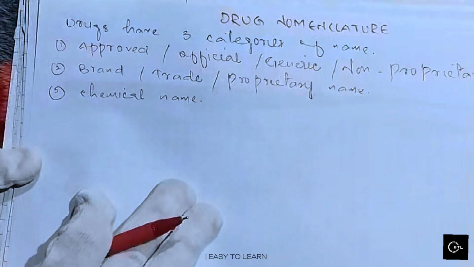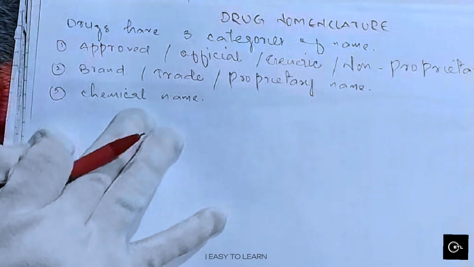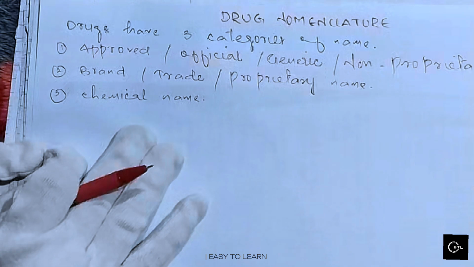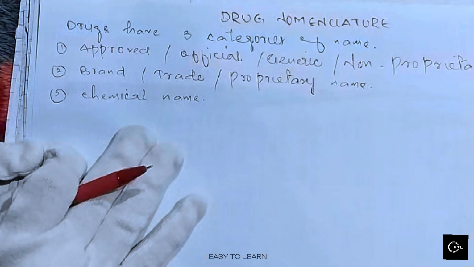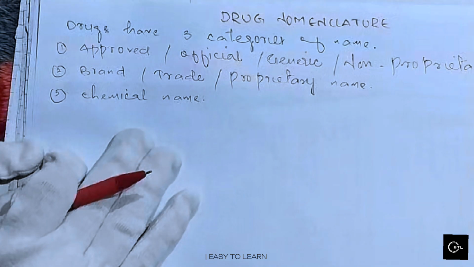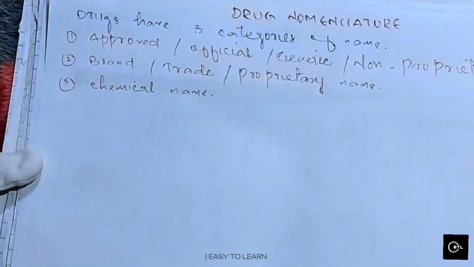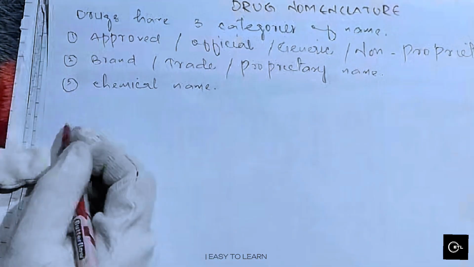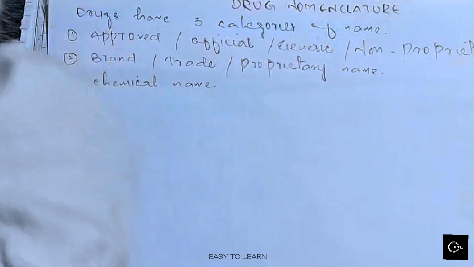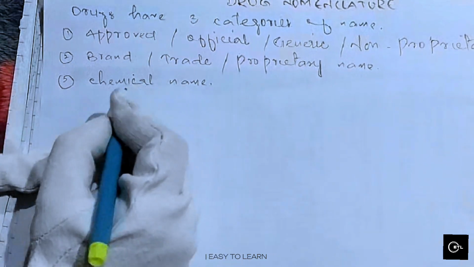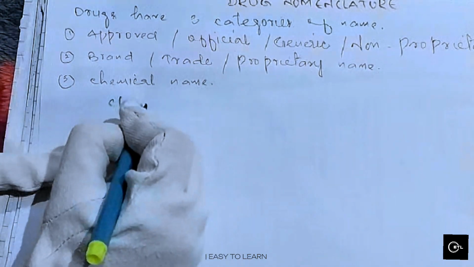I'm drawing a table so that you can understand it very easily and clearly. Chemical name, it generally describes the molecular structure. So here I'm drawing a table, or simply I'm writing it as chemical name.